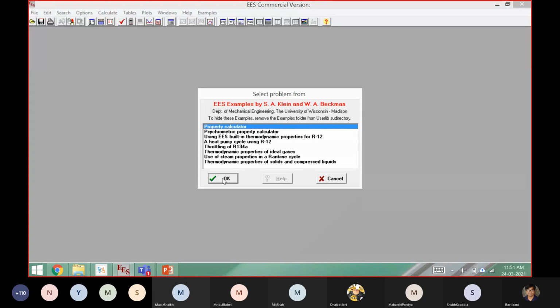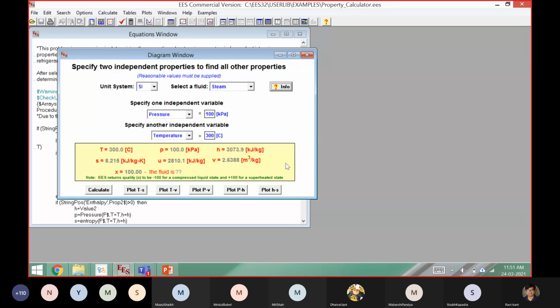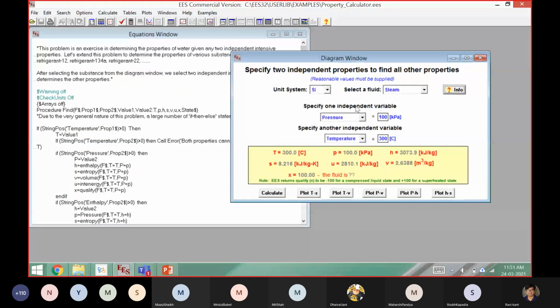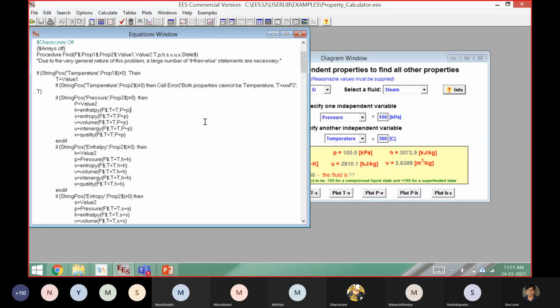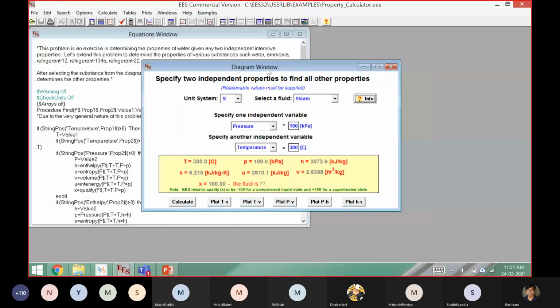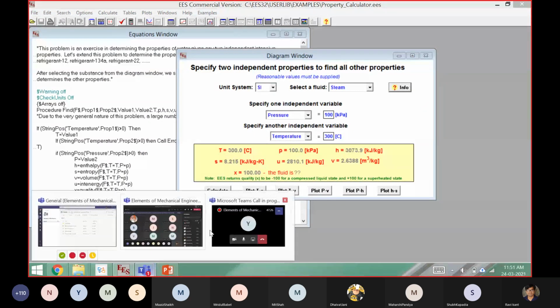Set OK. Somebody is calling. Okay, now there is already written in-house code. We don't want to hamper it.